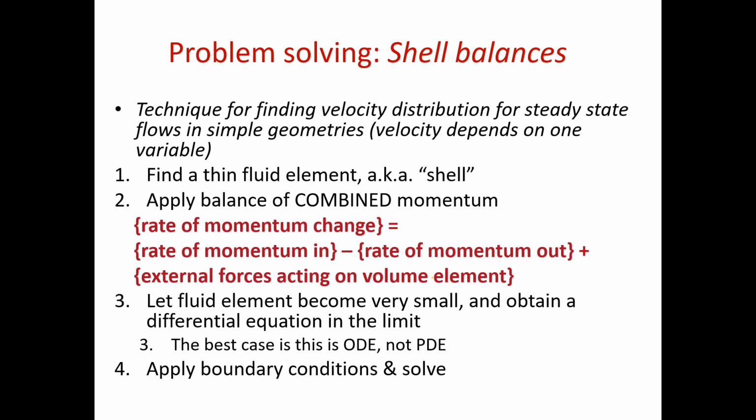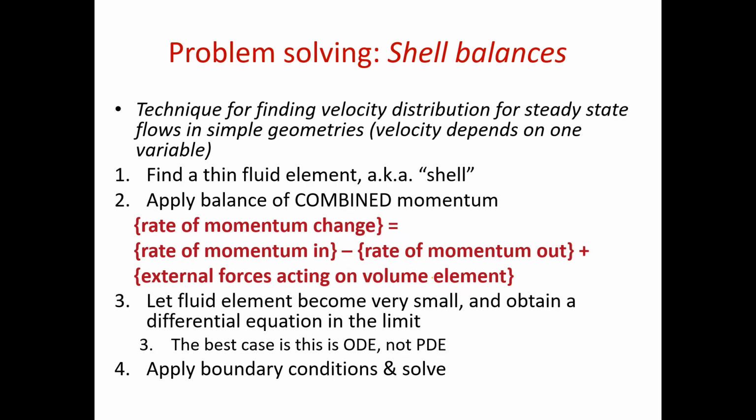Right now we're going to balance momentum, and I have just told you what the combined momentum flux is. The rate of momentum change is the rate of momentum coming in, minus the rate of momentum coming out, plus the action of external forces on whatever you're balancing, or sometimes internal creation as well.